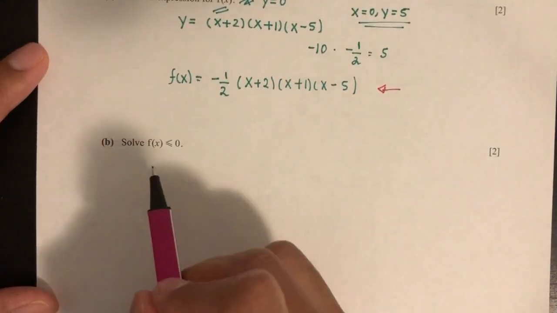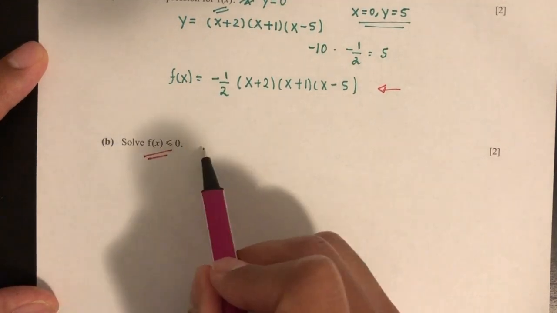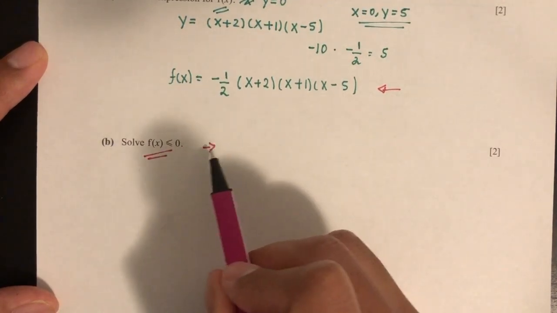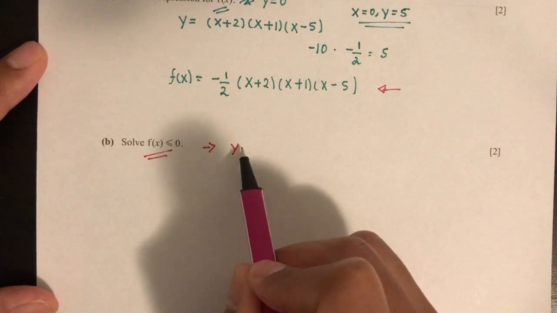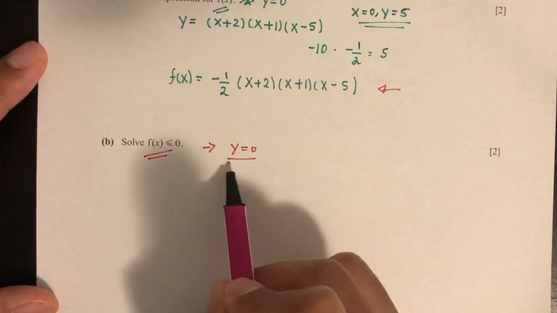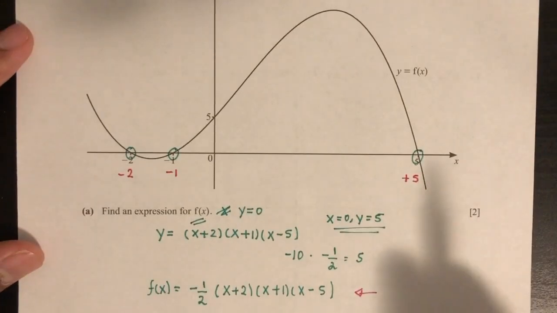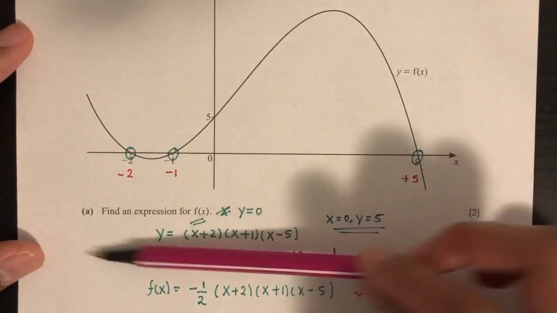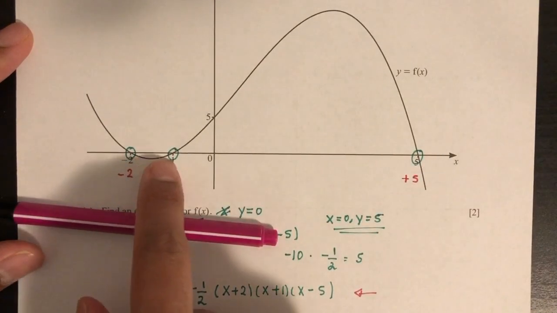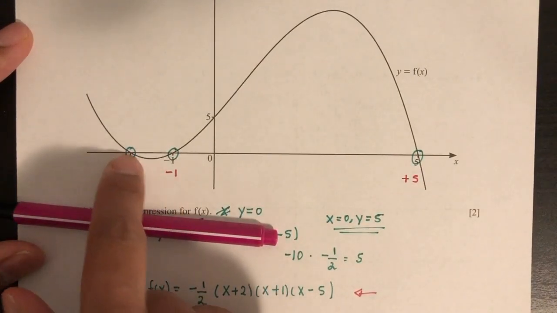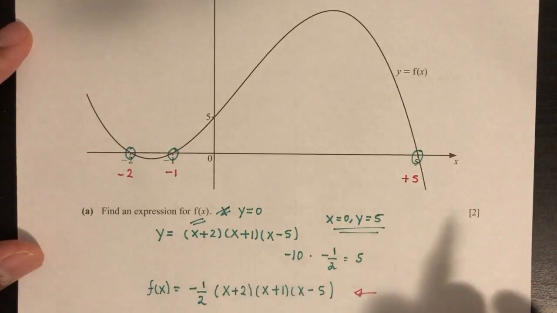Now part B, solve this one. It is asking you, when is the curve below y equal to 0? When it is below this line. As you can see, the curve is below only for these two values.